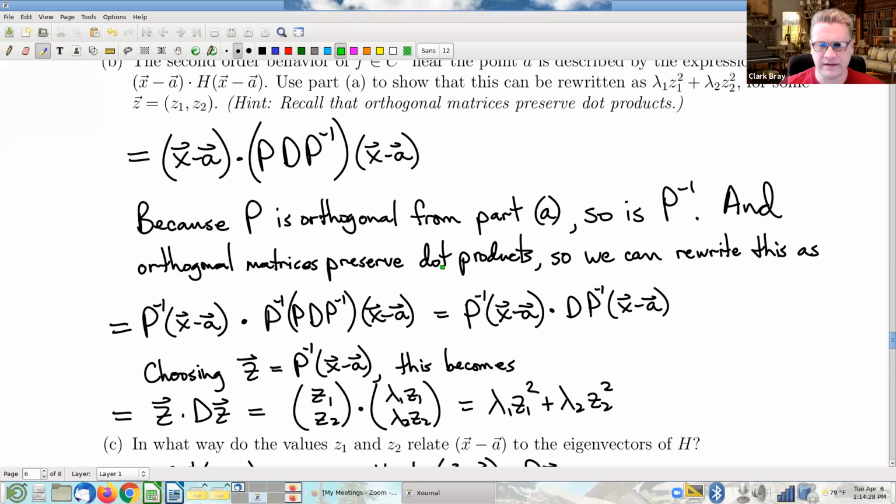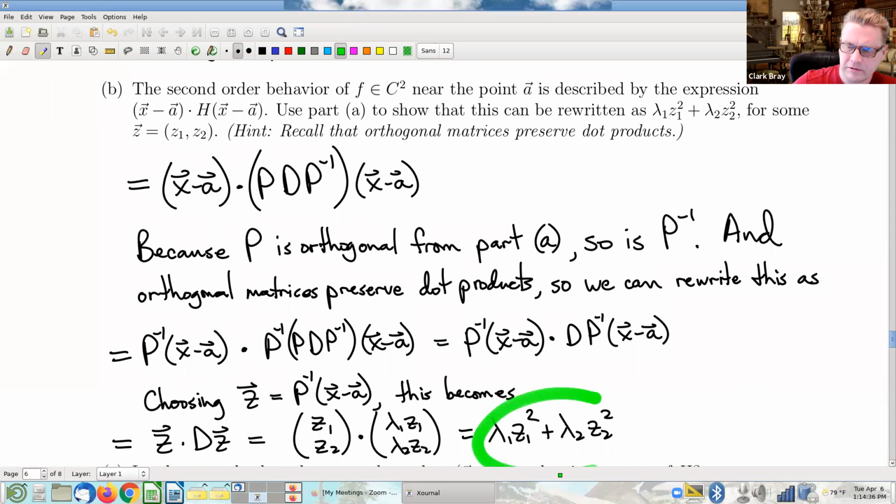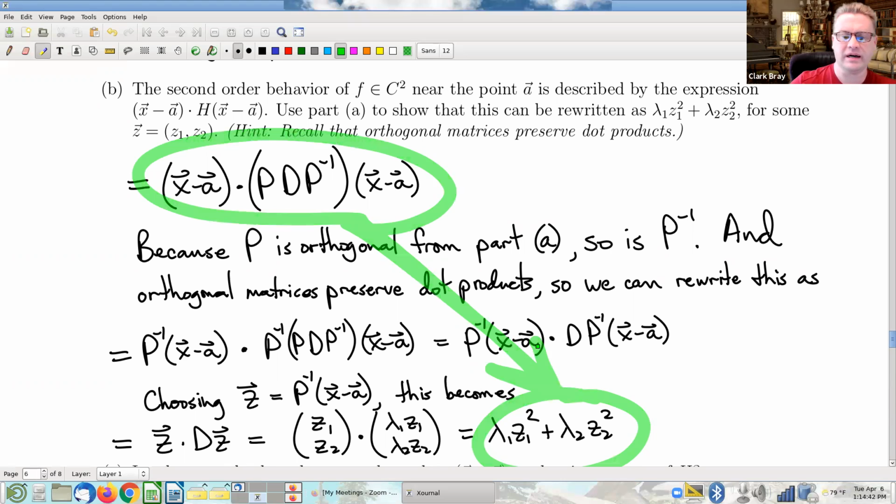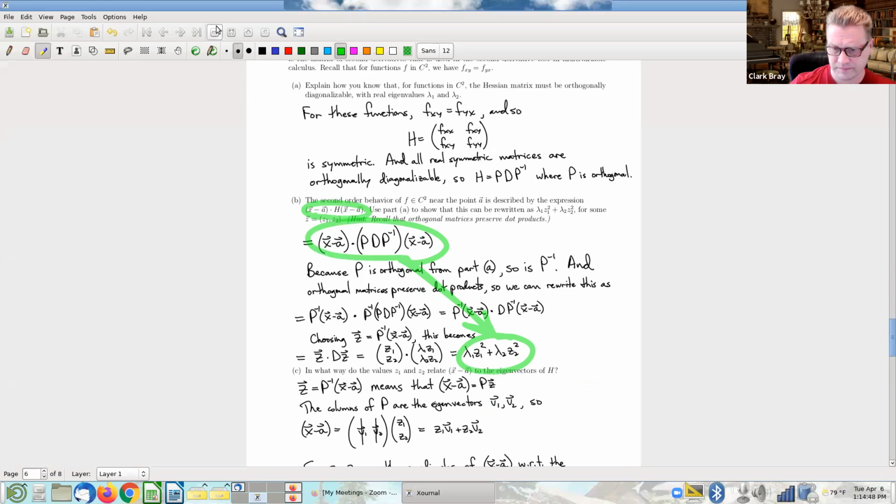Okay. All right. Now, there's a part C. We don't need to look at part C for what we want to do with this recording. What I want to do is show you how valuable it is to know that this can be rewritten as that, keeping in mind that that is, in fact, just this. Namely, that is the second order behavior.